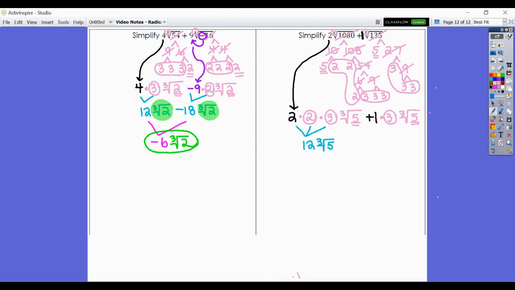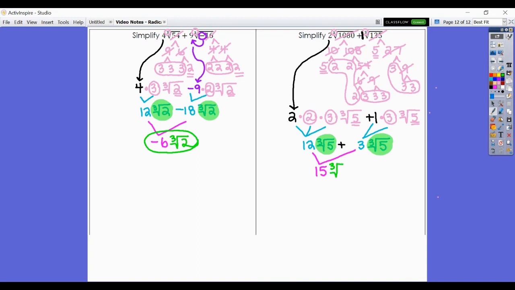And then over here, I will be adding 3 because I have 1 times 3, which is 3 of those cube root 5's. Cube root 5 is the same number underneath as well as the same index, so I'm able to just combine their coefficients. So 12 plus 3 gets me 15 of these cube root 5's.